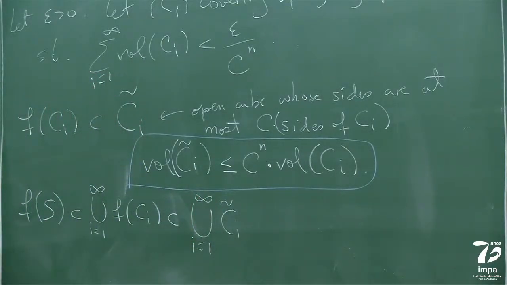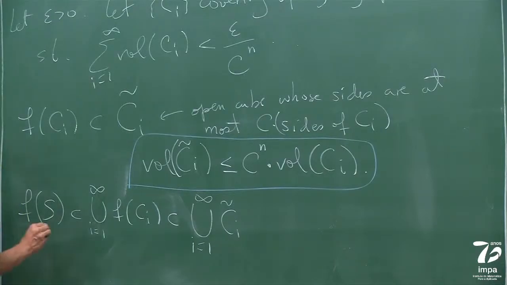Yeah, in principle, I couldn't have written what I wrote because you don't know that f of ci is a cube. So its volume is not well defined by what I've said before. But we know that f of s is contained in the union of the f of ci, which is contained in the union of these cubes.